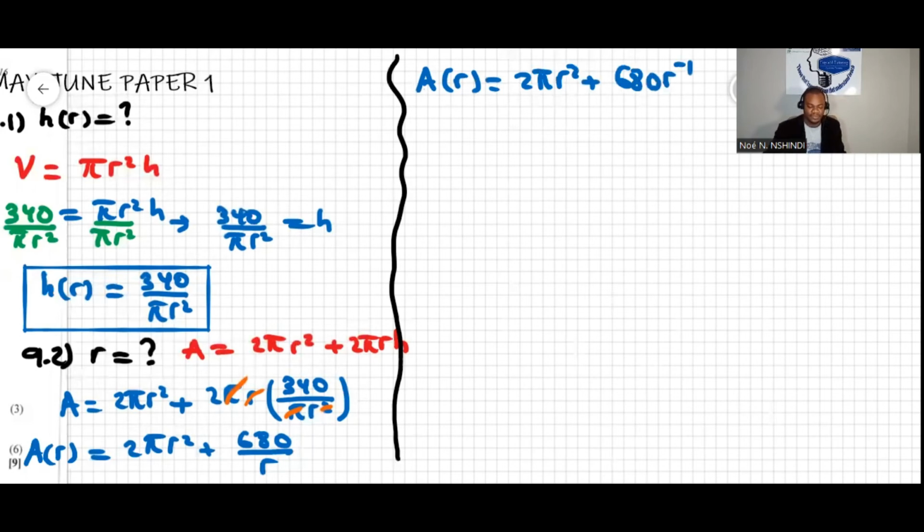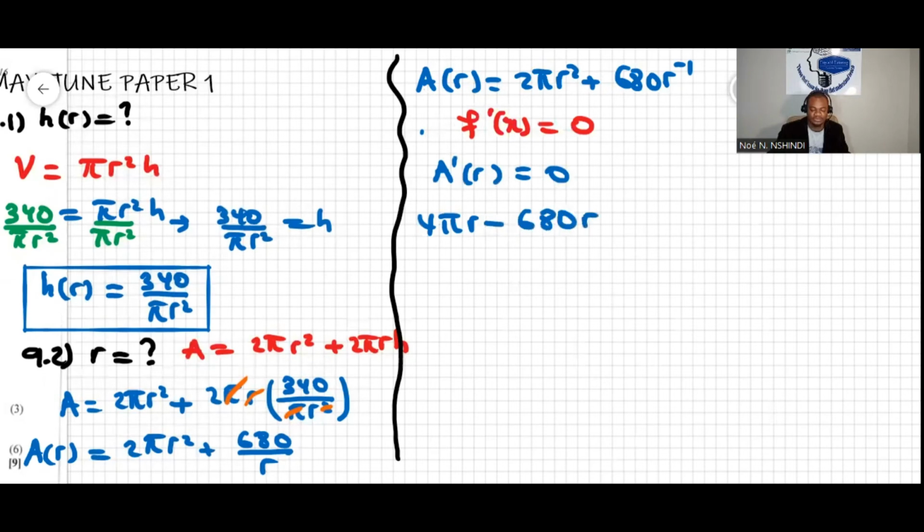And then we can differentiate, because we talk about the minimum, meaning the derivative of the function equals 0. So like the formula: f prime of x must be 0. Now over here, I'm gonna do A prime of r equal to 0. Now A prime of r will be 4 pi r minus 680 r to the negative 2.